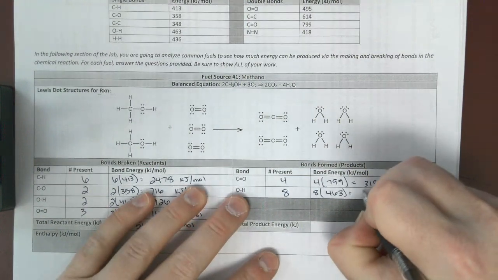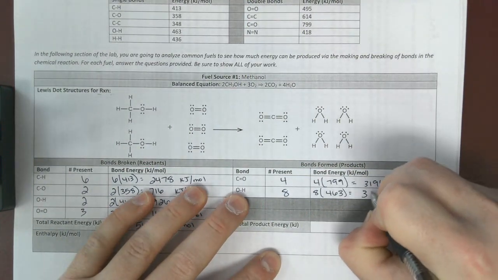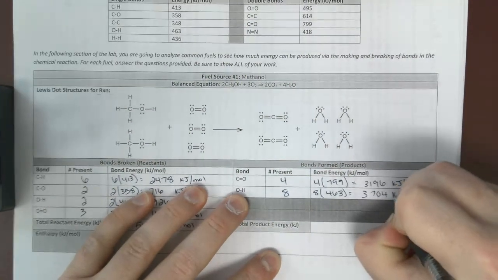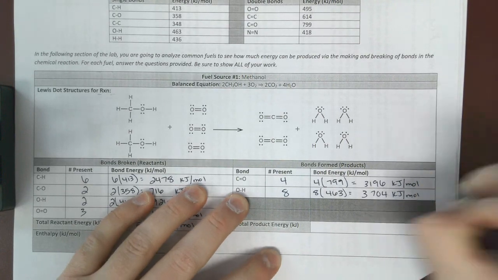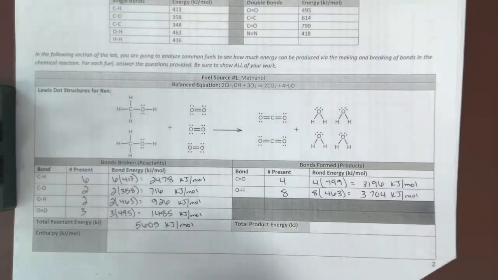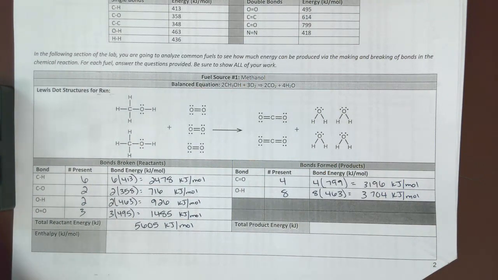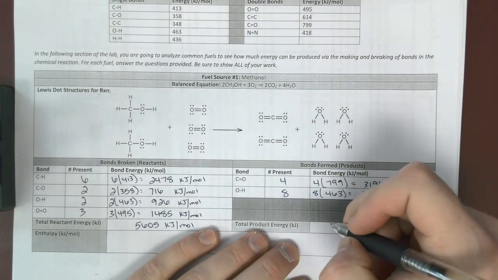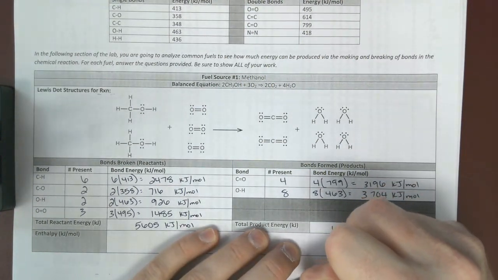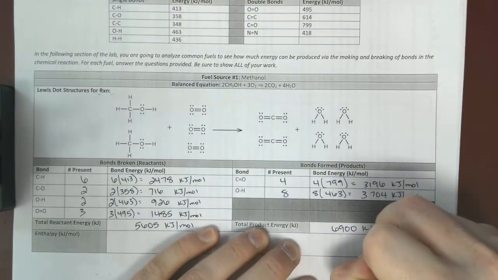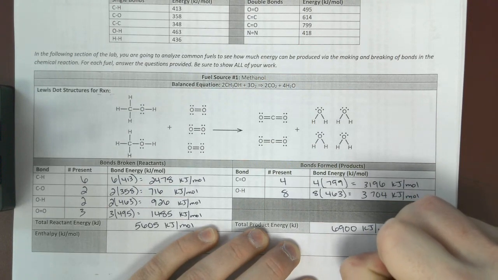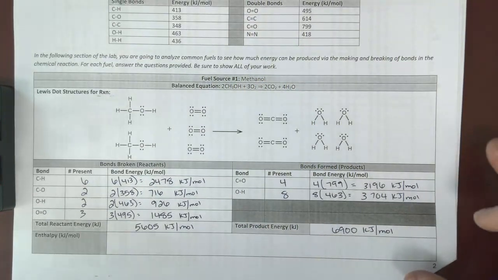And that is 3,704 kilojoules per mole. And so you're going to add this and this. So 3196 plus 3704. And that gives you 6,900 kilojoules per mole. Okay, so that's probably the easiest part.